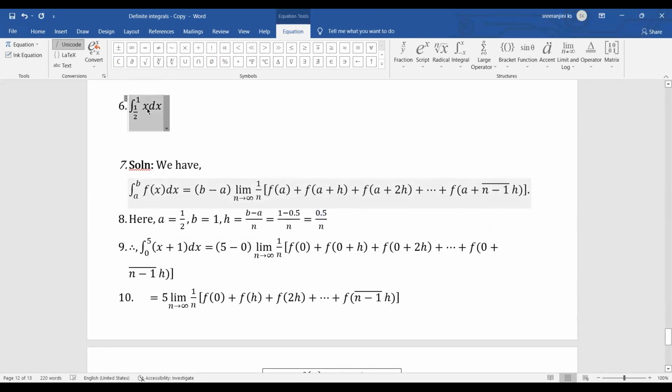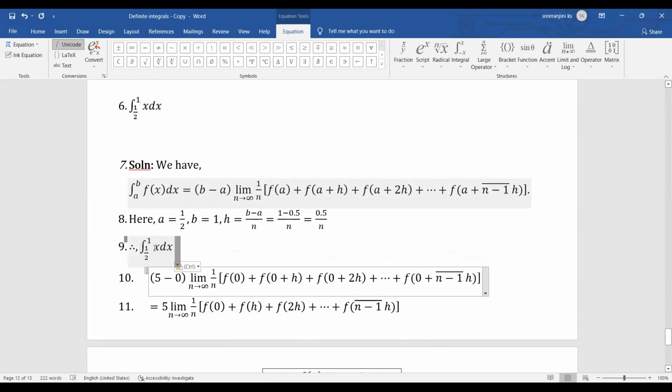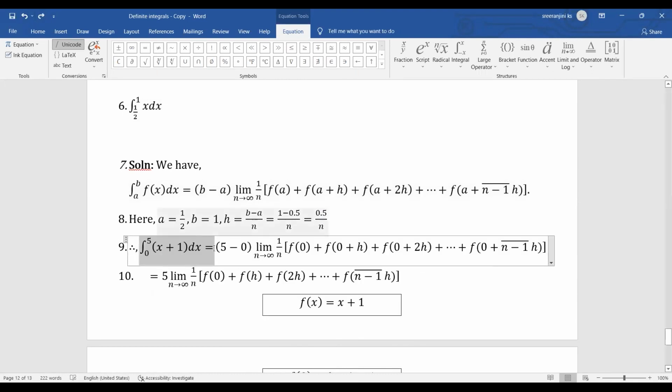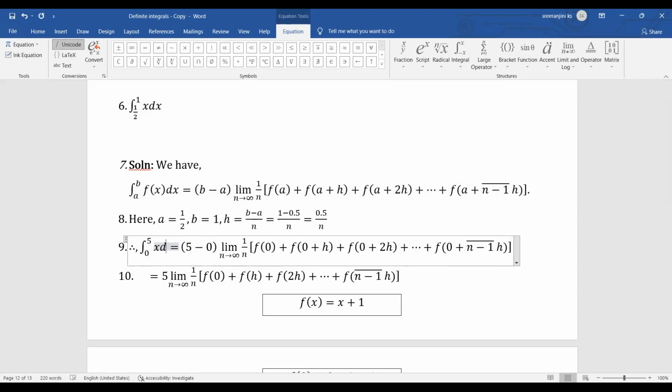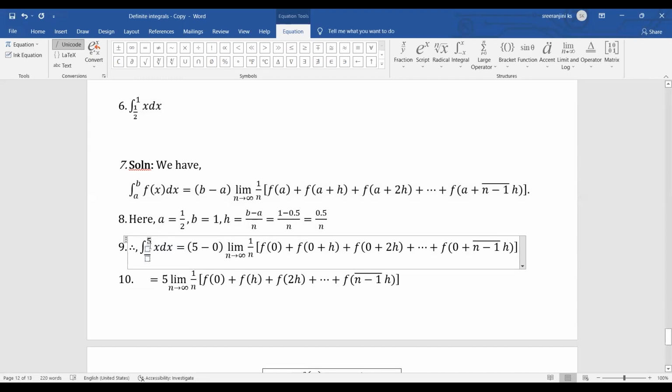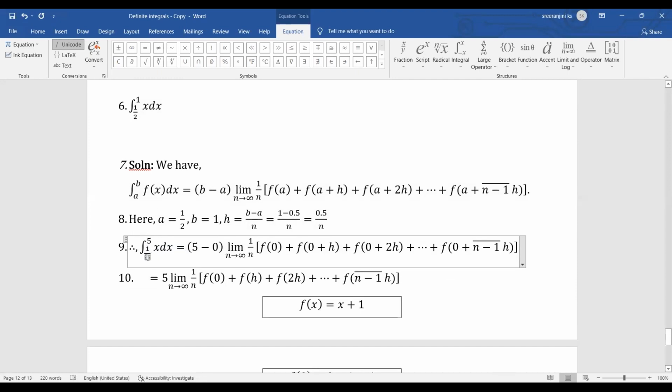Now this is equal to 1/2, then 1. 1 minus 1/2 is 0.5, limit n tends to infinity, and f of 0.